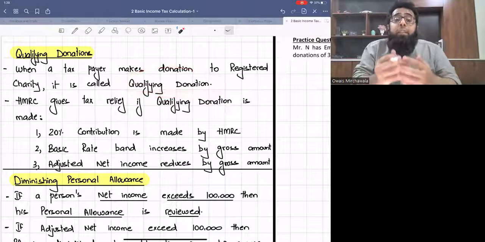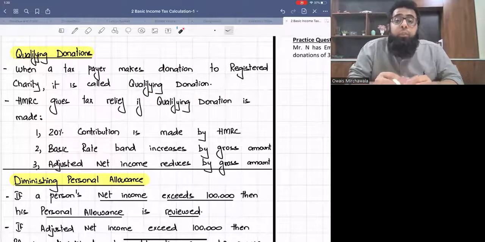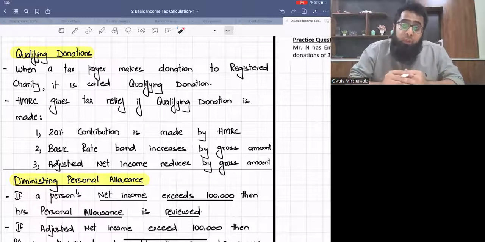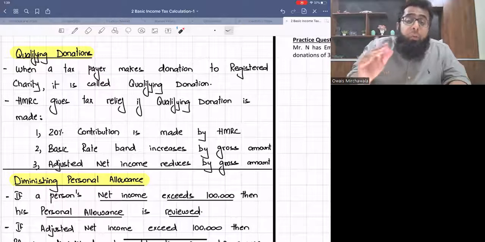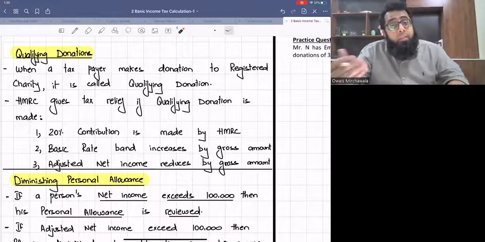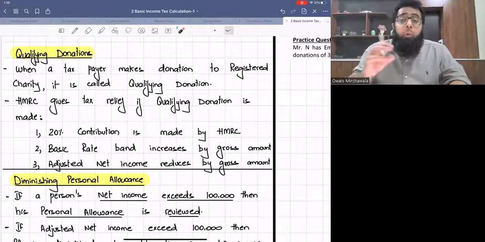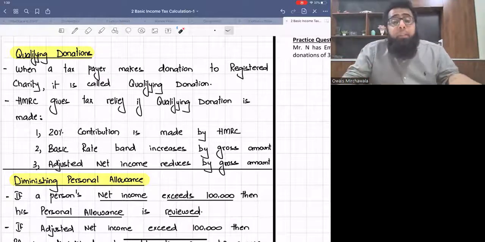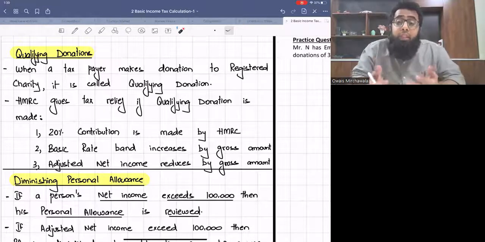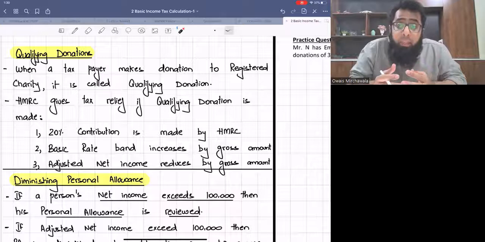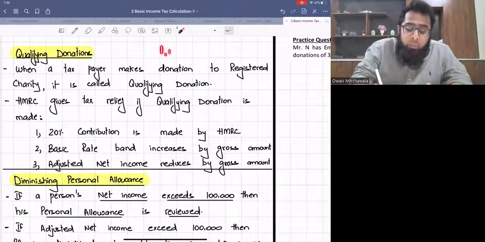Now, the tax department wants to encourage these qualifying donations, so there are three tax reliefs given on it. Relief number one is that a 20% contribution is made by HMRC. Whatever contribution is made by a person is considered as net and the tax department grosses it up. How does it gross up? Say you contributed £1,000.